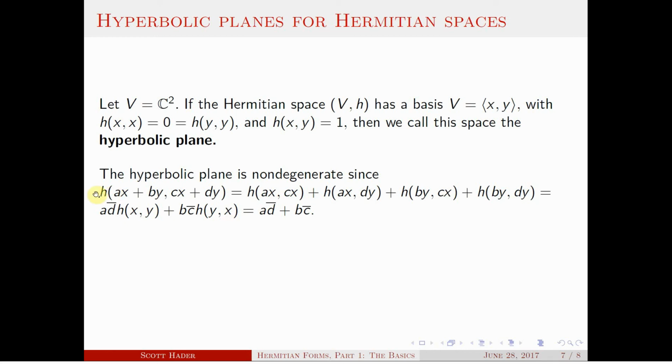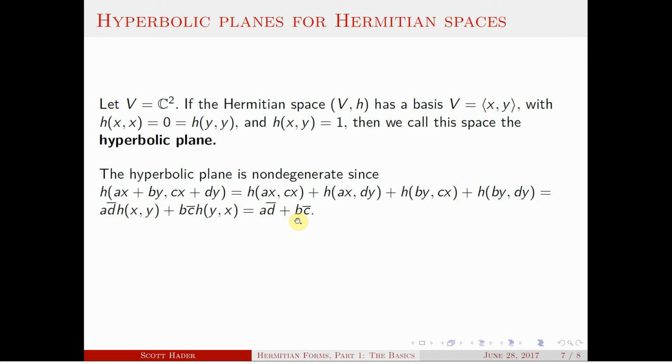So in general, the form works like this. Now, if this were in the radical, then this would take all these c's and d's to be 0. So if I chose d to be 1 and c to be 0, then that must mean that a is 0, mustn't it? And if I chose d to be 0 and c to be 1, then that must mean that b must be 0 as well.